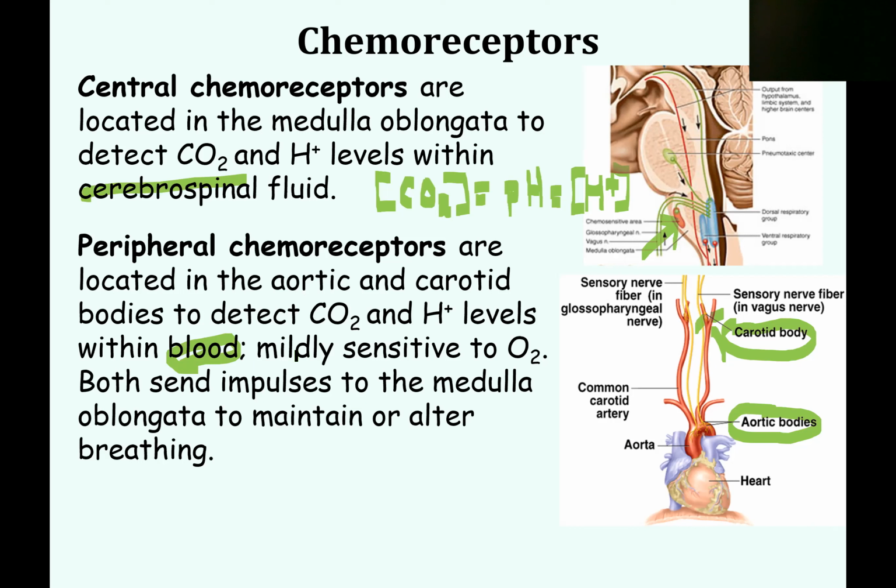They are mildly sensitive to oxygen. You have to be almost out of oxygen before you change your breathing. Both the central and the peripheral chemoreceptors send their messages to the medulla oblongata, to that dorsal respiratory group.